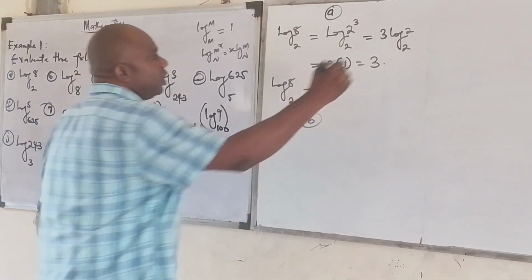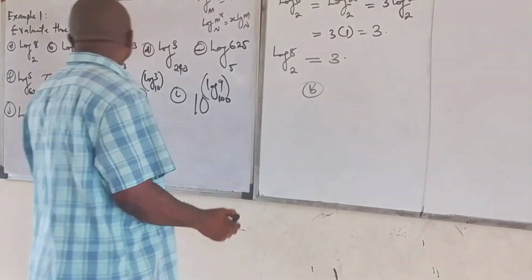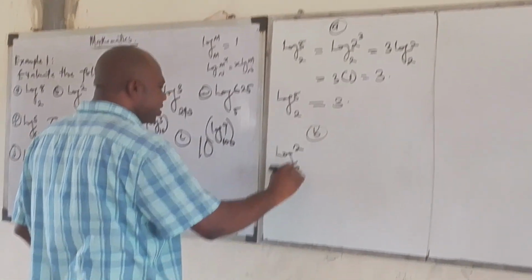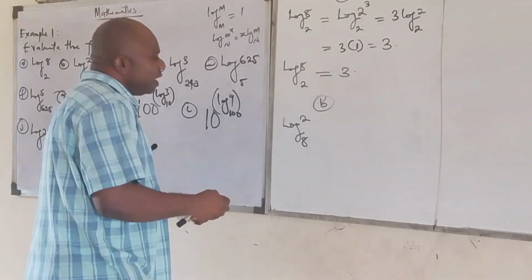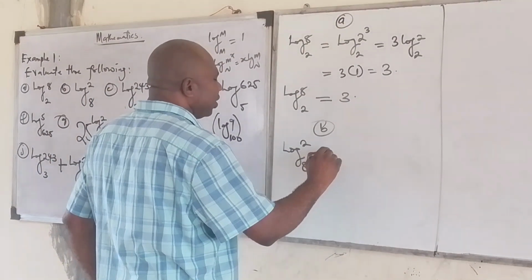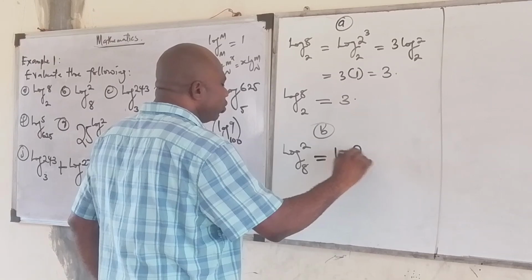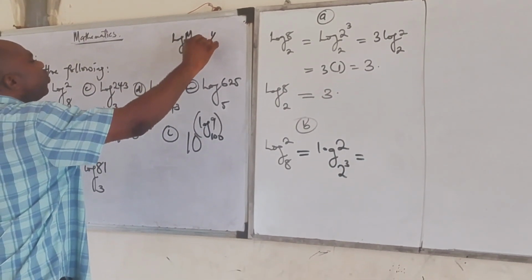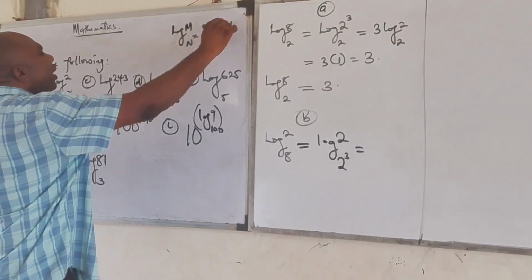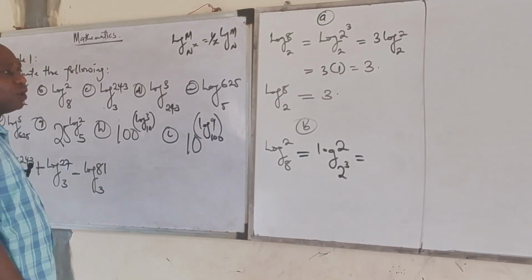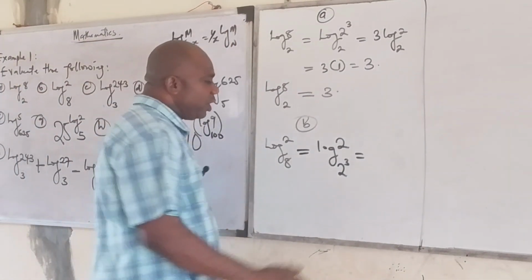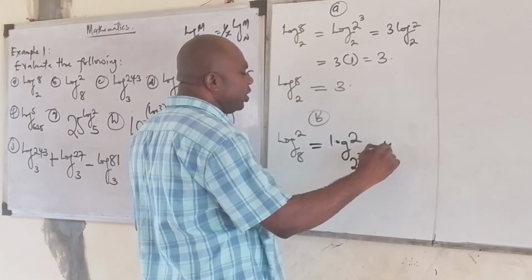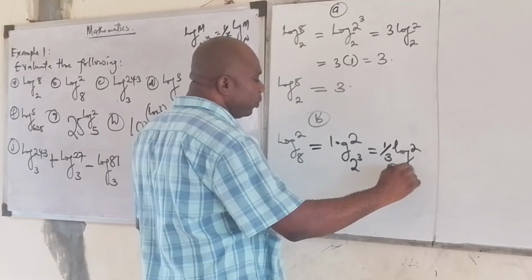Now let's quickly look at B. For question B, we have log 2 base 8. This is the same as saying log m, then n power x is 1 all over x log m base n. In this case, because it's the base that is carrying the power, it becomes 1 all over 3 log 2 base 2.